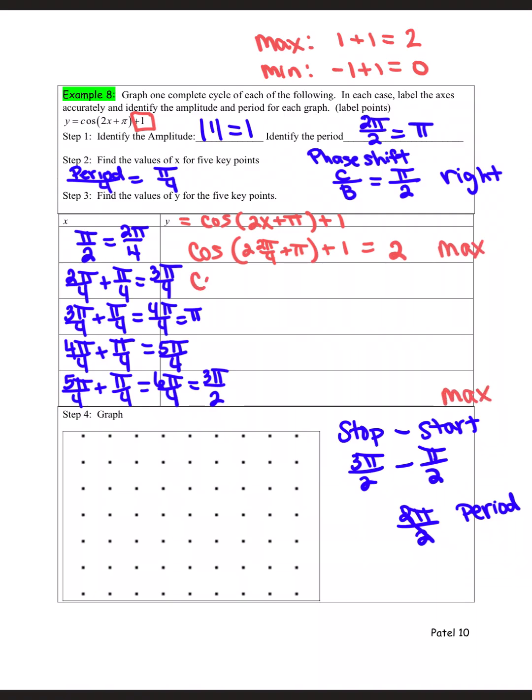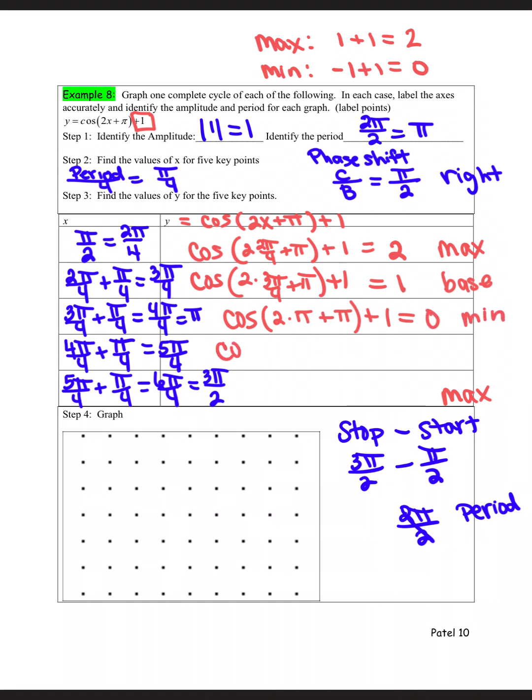So next we're going to plug in cosine of 2 times 3 pi over 4 plus pi, plus 1. You should get 1, which is my base. Then we have cosine of 2 times pi plus pi, plus 1. That should give you your min, which is 0.